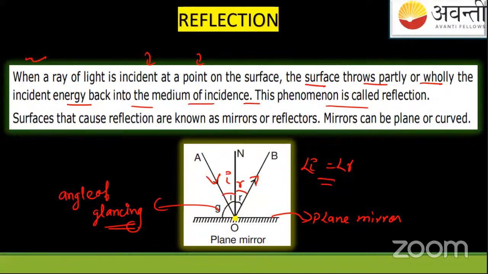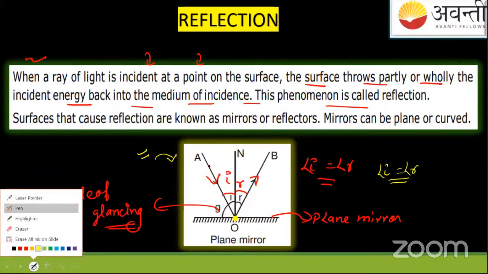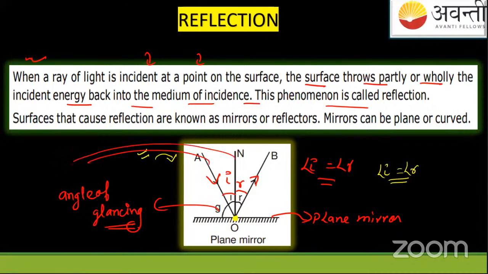Then we have seen the phenomenon of reflection shown by these rays. A ray incident at any angle I reflects like this, following the laws of reflection, where the incident ray, the geometrical normal, and the reflected ray all lie in the same plane.